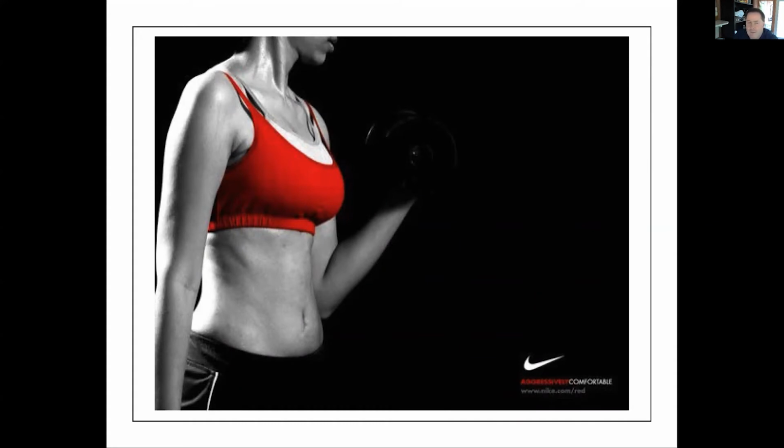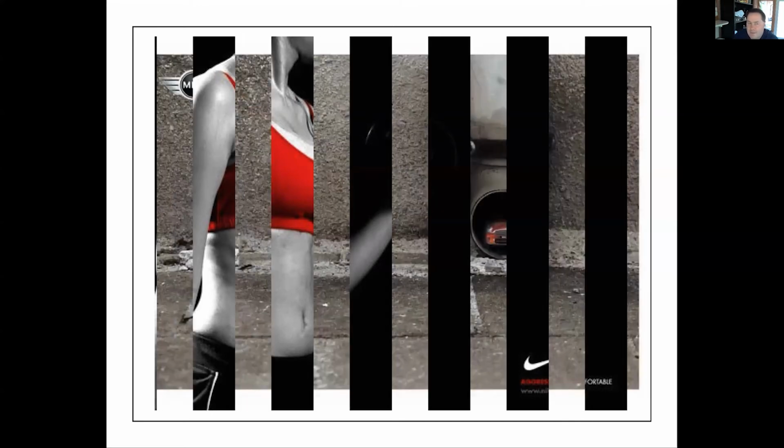Everything is gray except for her top, which you see is very, very red, but it also balances out with the red by the logo, which has the tagline down there. So it does still balance.